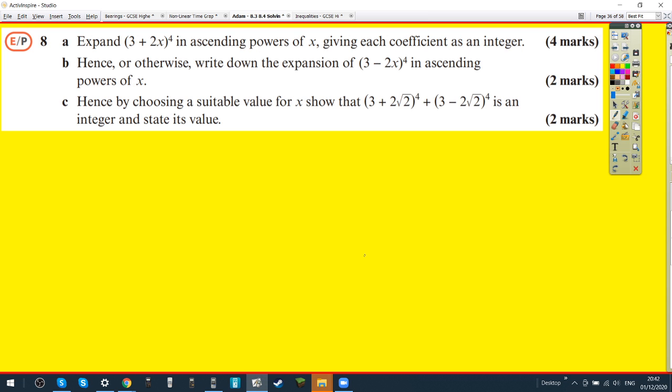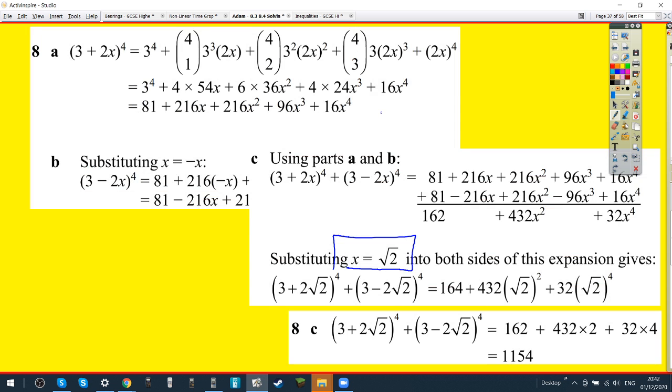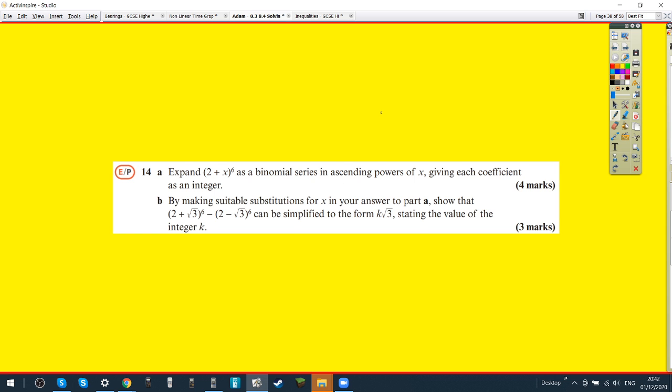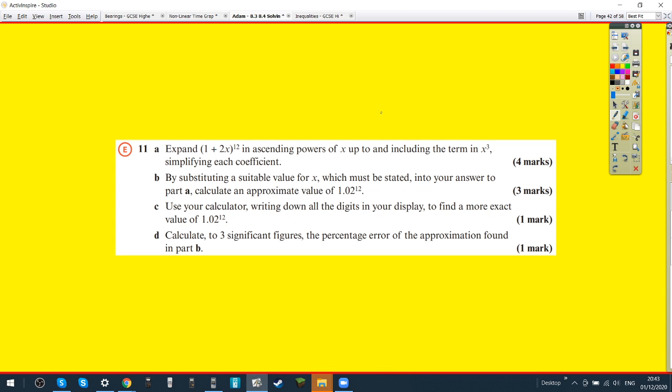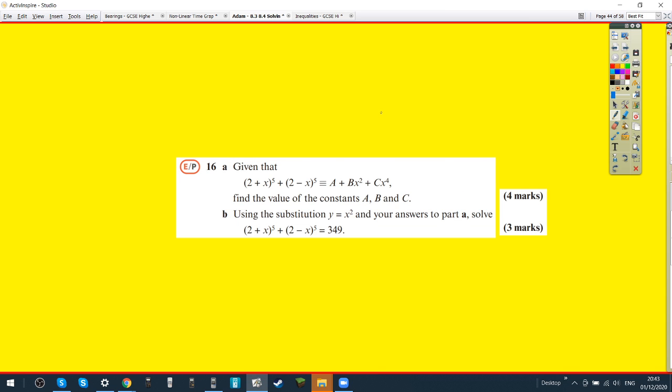The reason for that is because 3 plus 2x to the 4, 3 plus 2 root 2 to the 4. So literally x is root 2. Okay. Yeah, that's absolutely fine. So it looks different, but it isn't different. Okay. I have so many questions here.